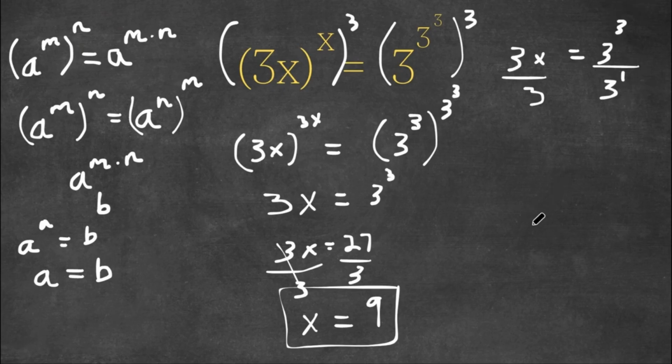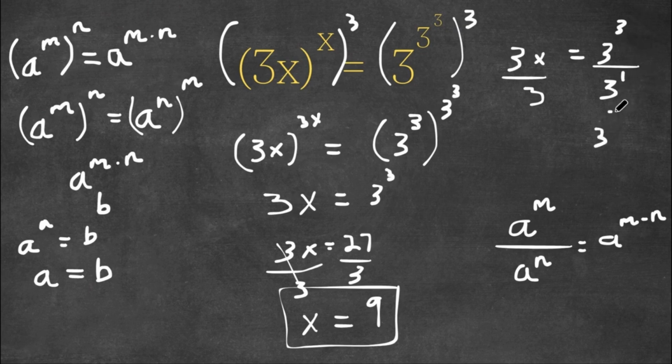If we have something in the form a to the power of m over a to the power of n, this is equal to a to the power of m minus n. So 3 to the power of 3 over 3 to the power of 1 is equal to 3 to the power of 3 minus 1, which is simply just 3 squared. For our left hand side, these cancel out, and we get x is equal to 3 squared, and 3 squared is 9. So we get x is equal to 9. So that's our second way.